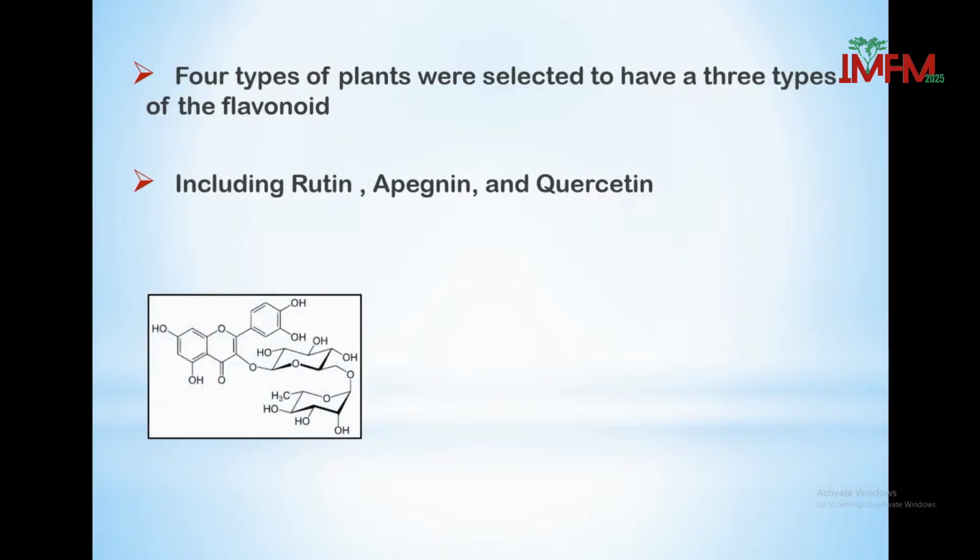4 types of plants containing polyphenolics, like rutin, either L-rutin or stereochemistry, levorutin, apigenin, and quercetin.